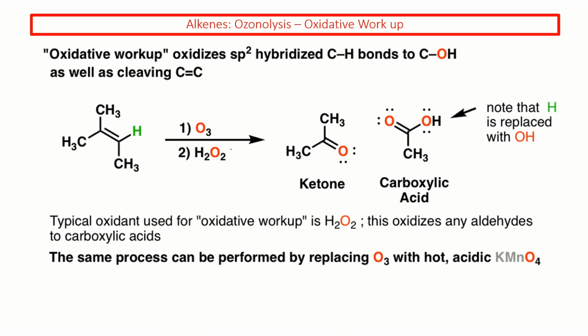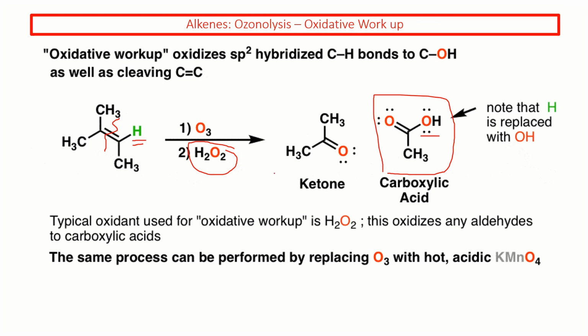Note, under the oxidative conditions, so here we have peroxides instead of the dimethyl sulfide, this hydrogen is not retained. In fact, on cleavage, the hydrogen is replaced by an OH, and so the result is a carboxylic acid. So we end up with a ketone and a carboxylic acid.